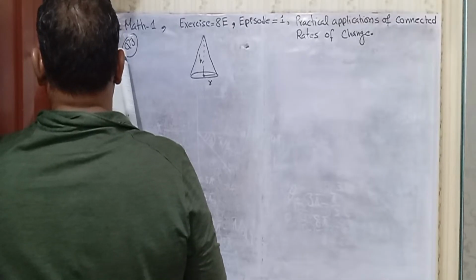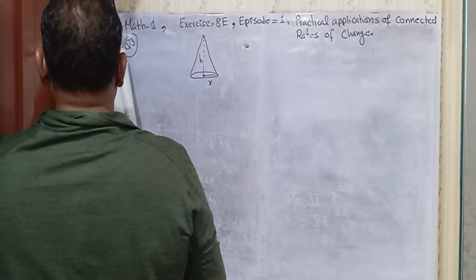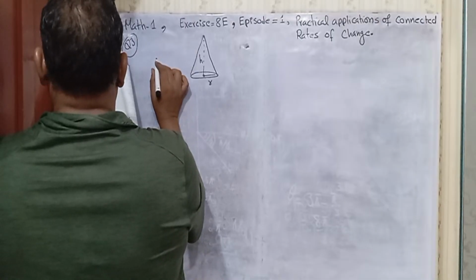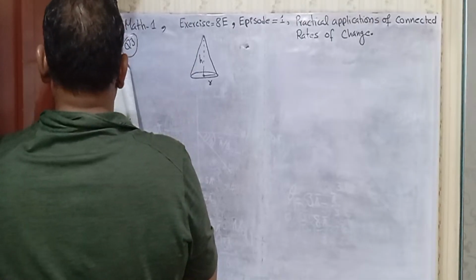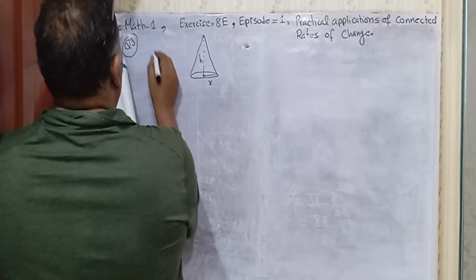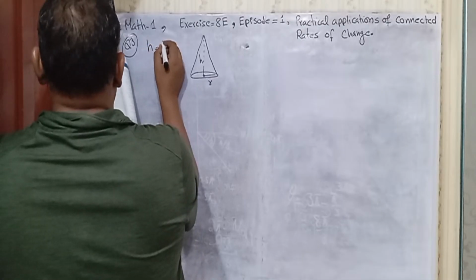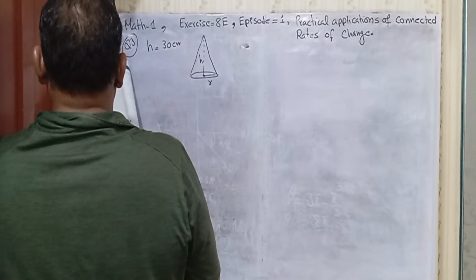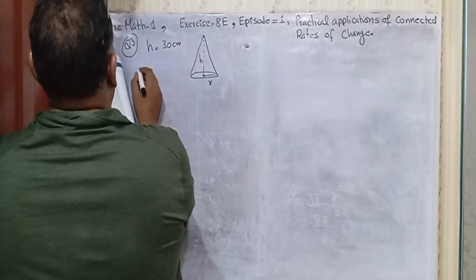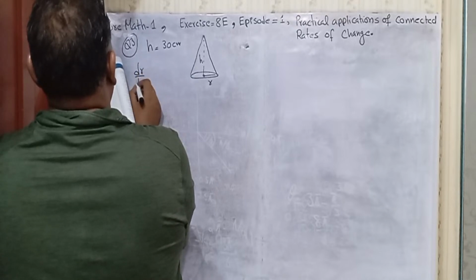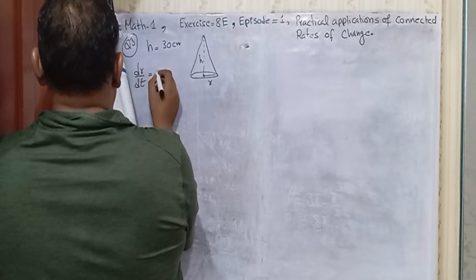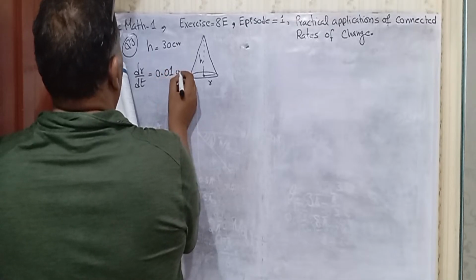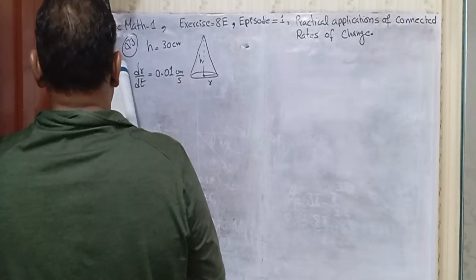The question says that a cone has a base radius r centimeter and a fixed height of 30 centimeter. The radius of the base is increasing at a rate of dr by dt, which is 0.01 centimeter per second.